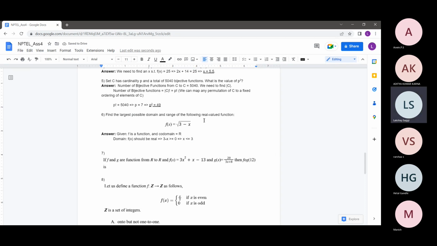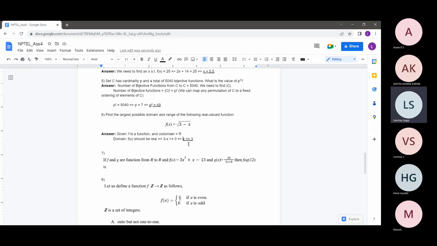You guys can see, for any value of x which is less than or equal to 3, so x can be 3, 0, or negative numbers, this 3 minus x will take a value greater than or equal to 0. So the square root function will also return a real value.